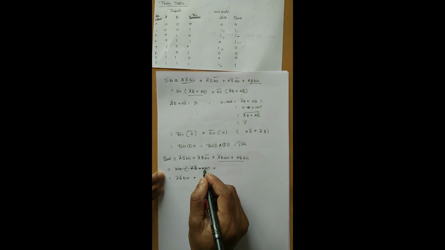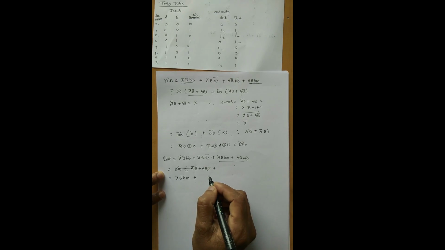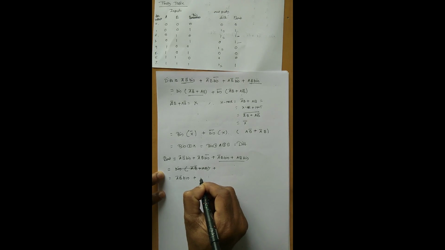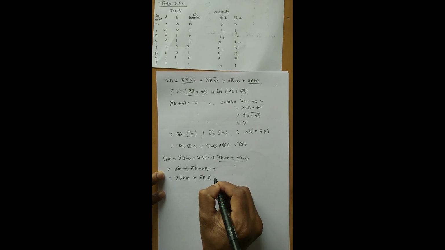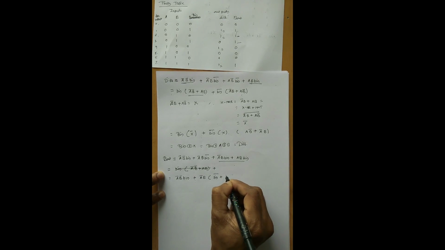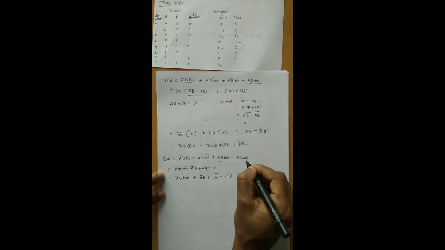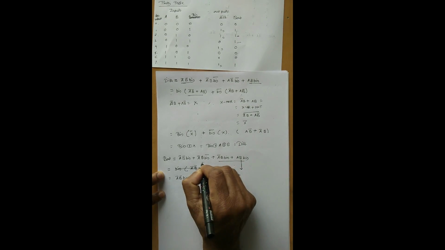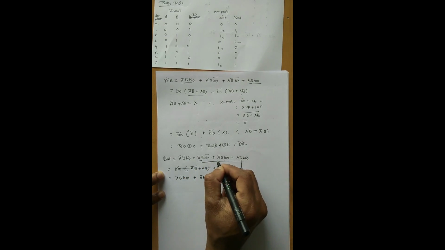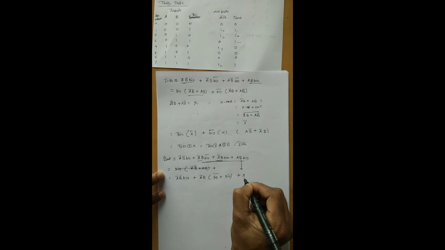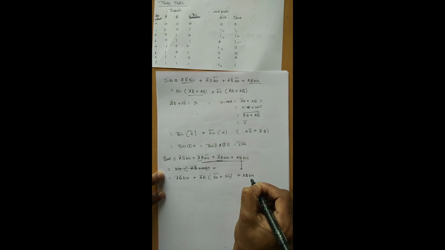So A bar B, B in bar plus B in, plus this term as it is, we will bring common from these two as A bar B, A bar B. So it will be A B B in.